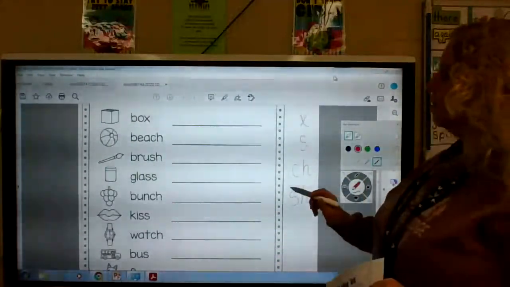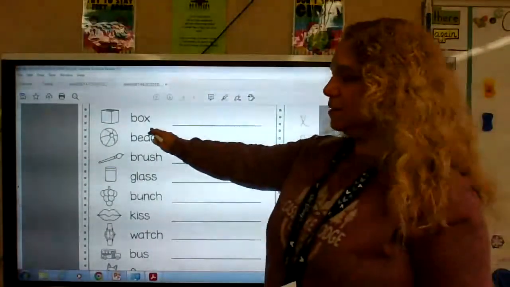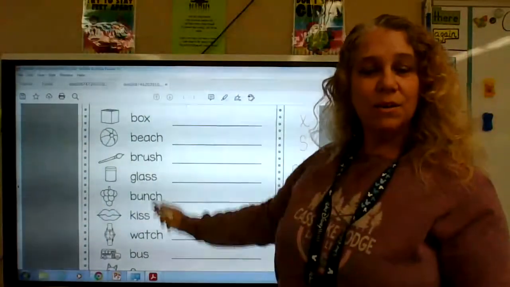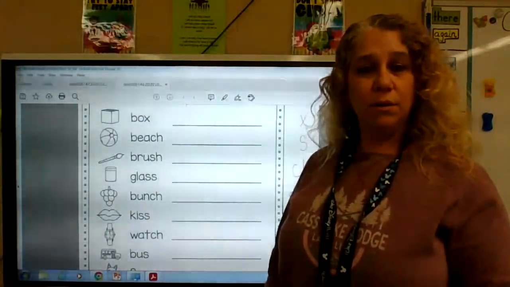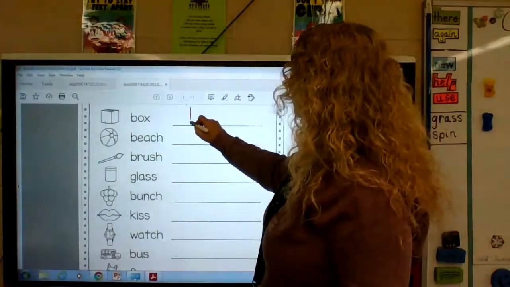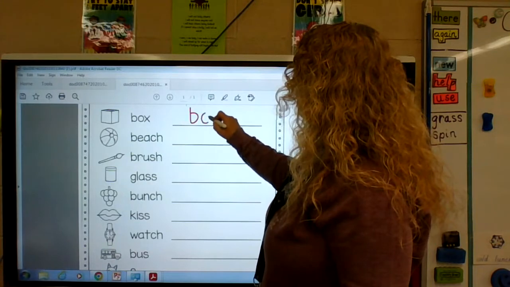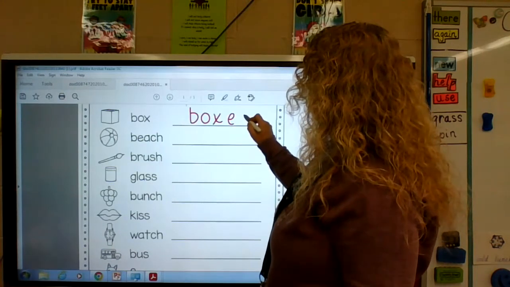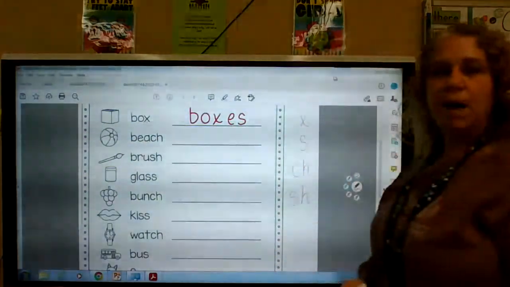Make it a little fatter. Okay, so box. Oh, we did box. Box ends in an X, so what do we need to make a plural? ES. So we're going to write boxes. Box, and then ES. Boxes.